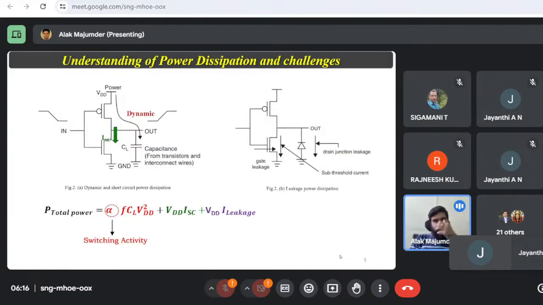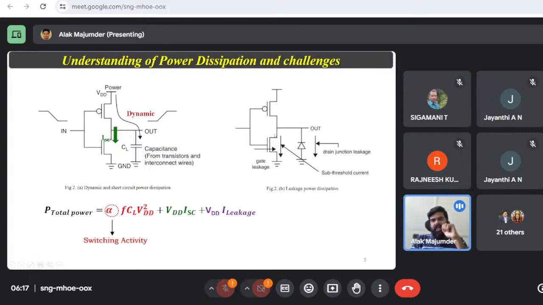From this architecture, we may get a clear idea of how the short circuit power and the leakage power are different. If I look at the right hand side architecture, considering an input equal to 0, you know that your PMOS turns on, but your NMOS turns off.